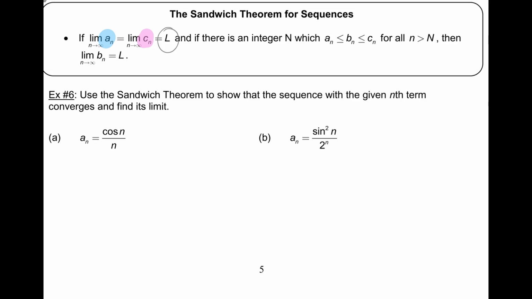Let's use the sandwich theorem to show the sequence with the given n term converges and find its limit. I just don't get why there needs to be a B. There's two functions, and they both have a limit of 0.